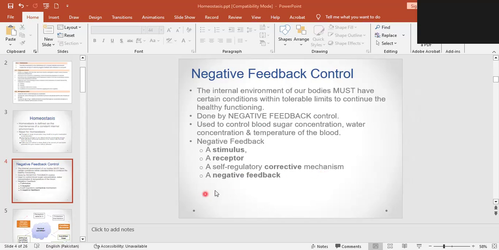Now I have achieved the negative feedback. Through negative feedback, by going through these four steps, I have controlled my temperature. What was it? Number one was stimulus. Then something in my body will receive that stimulus, the receptor, and then after receiving this message, it will be corrected by a self-regulatory corrective mechanism, and eventually the negative feedback has been achieved.